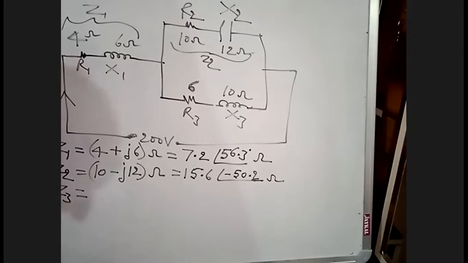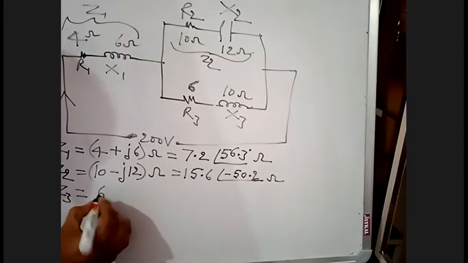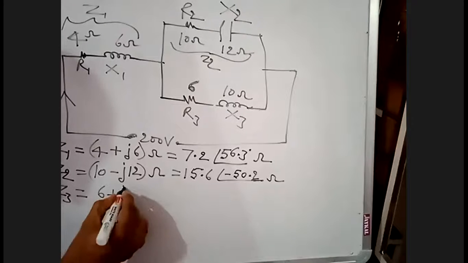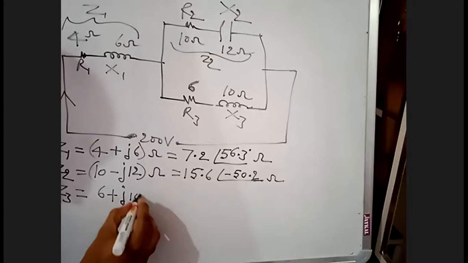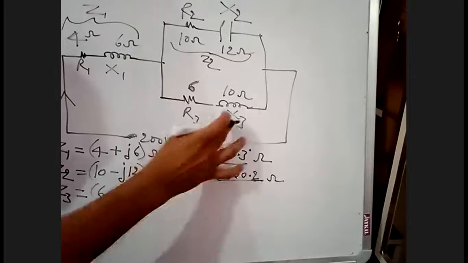Now Z3. What is Z3? 6 plus J10. Inductance is there.